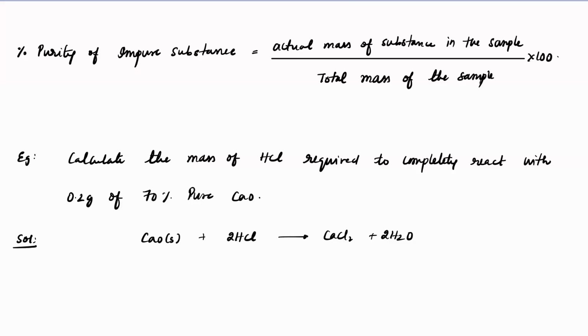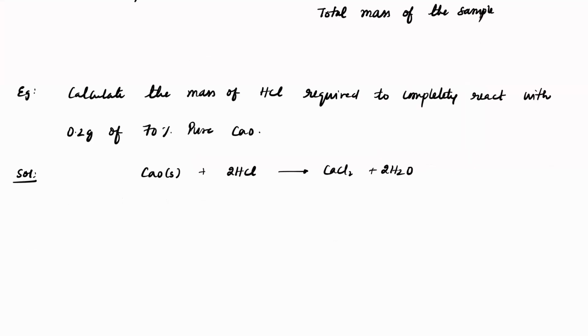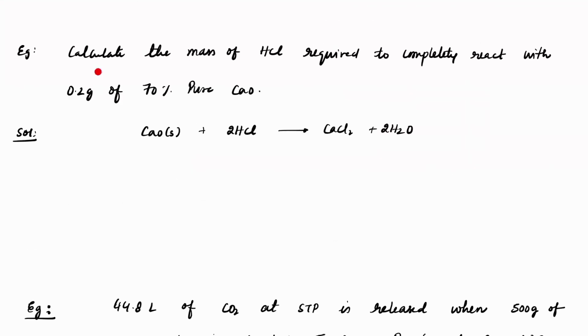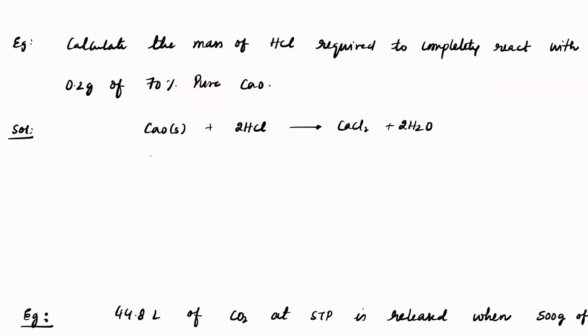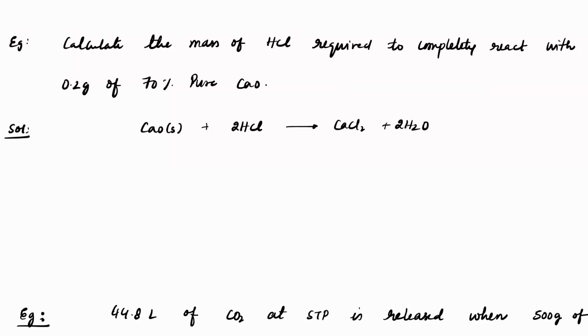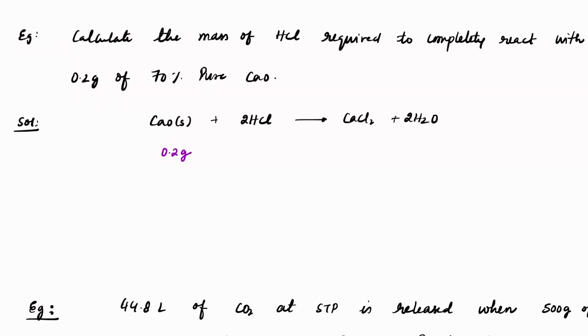Okay, let me show you with an example. Calculate the mass of HCl that is required to completely react with 0.2 grams of 70% pure calcium oxide. So in here, calcium oxide was given as 0.2 grams originally, but that is a sample weight.